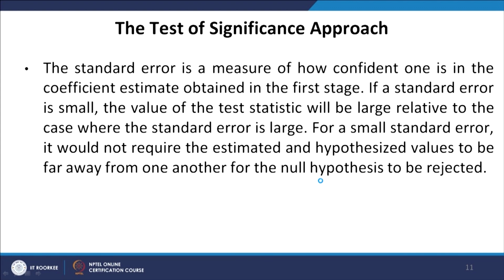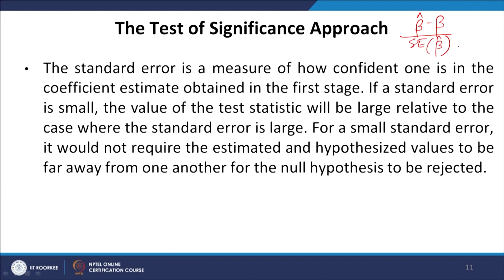So, the standard error is a measure of how confident one is in the coefficient estimate obtained in the first stage. If a standard error is small, the value of the test statistic will be large relative to the case where the standard error is large. You remember, while we calculate the test statistic, we have beta hat minus beta divided by standard error of beta hat in the denominator.